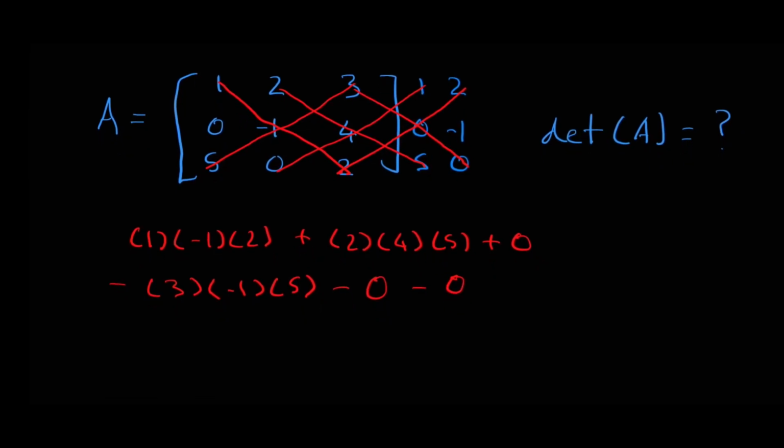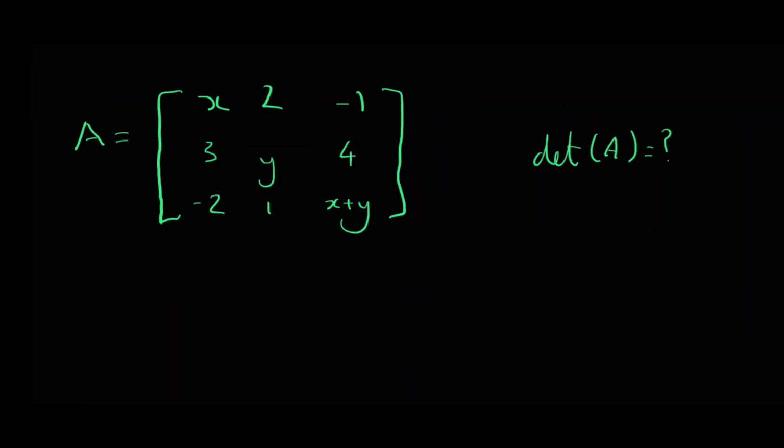So that becomes negative 2 plus 40 minus negative 15, which equals 53. So that's our determinant.